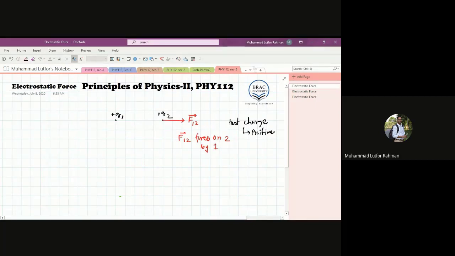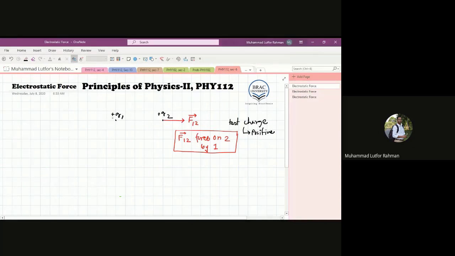Some other books use a different way, saying the force on 1 provided by 2. We will follow this convention because our video lecture uses it. It's not a big deal; you can do it your own way. So this is the force on Q2 provided by Q1.